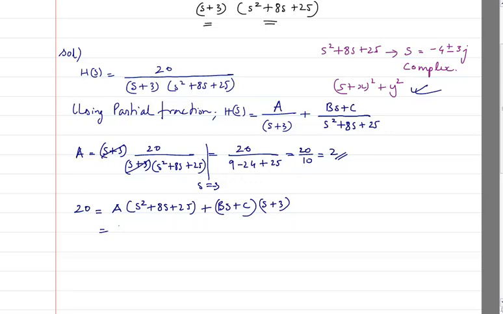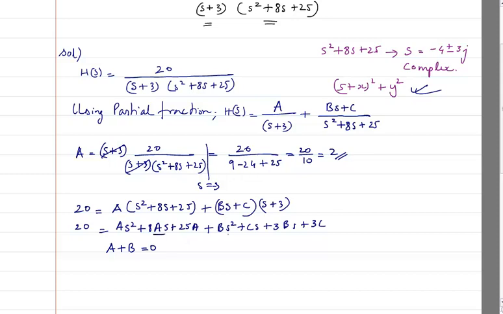So from here I will get as square plus 8as plus 25a plus bs square plus cs plus 3bs plus 3c, that is equal to 20. If I take the s square terms, I will get a plus b is equal to 0.